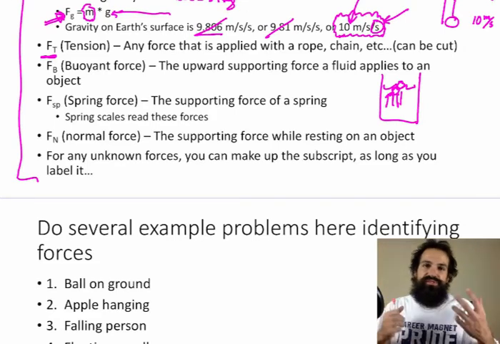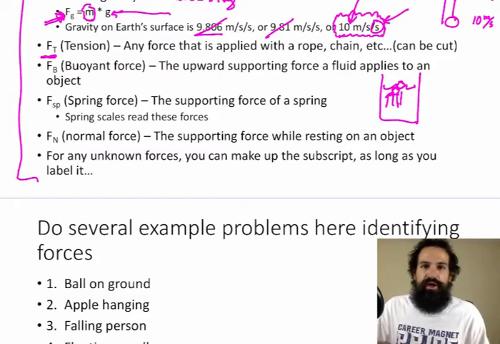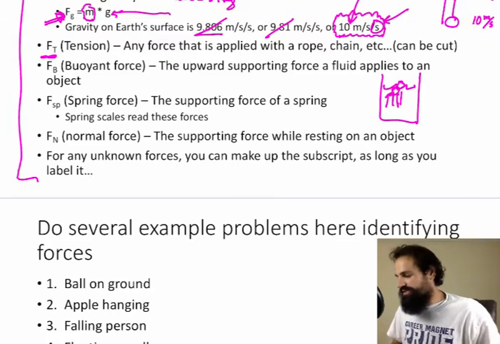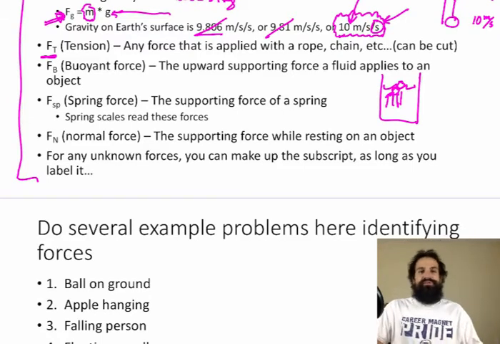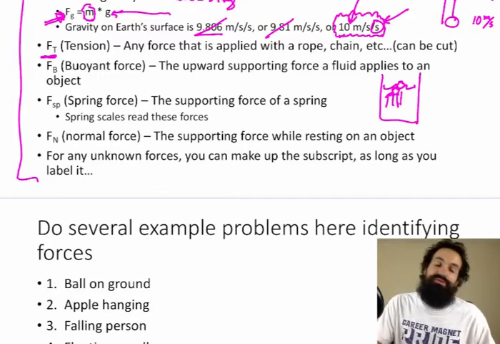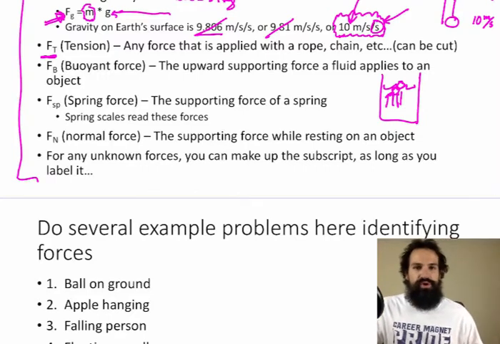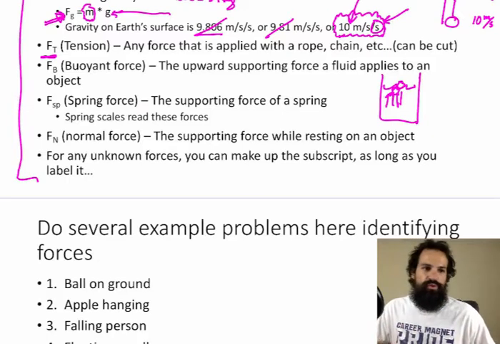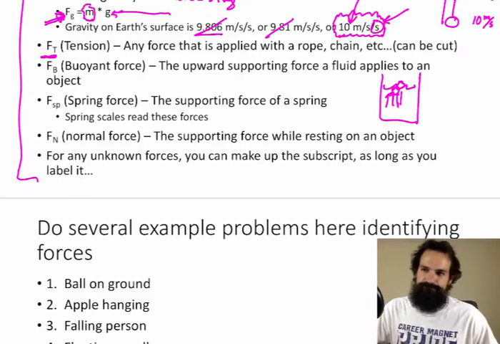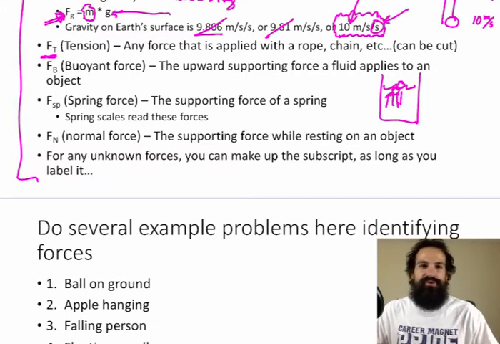So the buoyant force is the supporting force a fluid applies upward on an object. And side note, somebody asked this in class, yes, air is considered a fluid, but air is so non-dense that its buoyant force is fairly negligible. It's really small, it doesn't contribute a whole lot, but it does exist, so that's a fun thing to note.